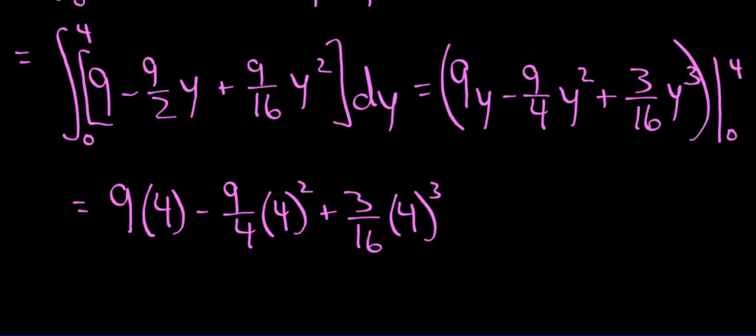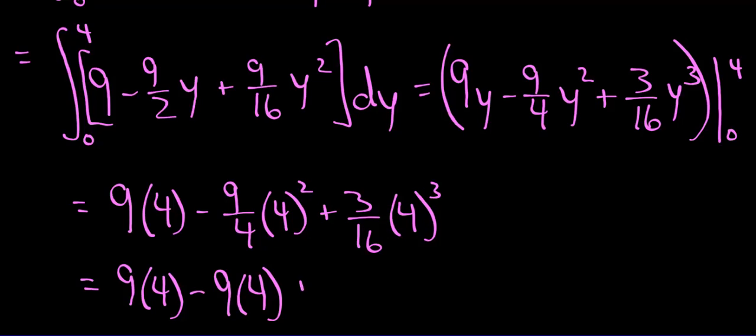I like all these 4s that are going to cancel. That's nice, it's always nice. So this is 9 times 4 minus 9 times 4. Oh really? Look at that, those are going to go away. Okay, good, excellent.